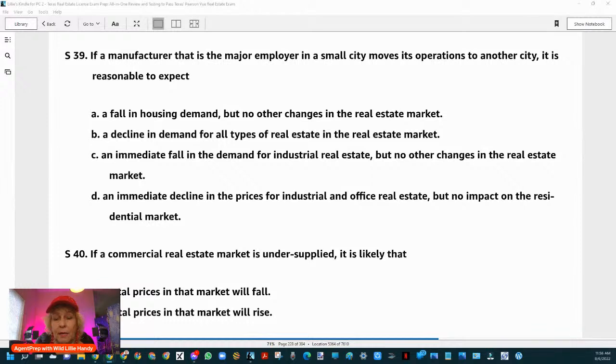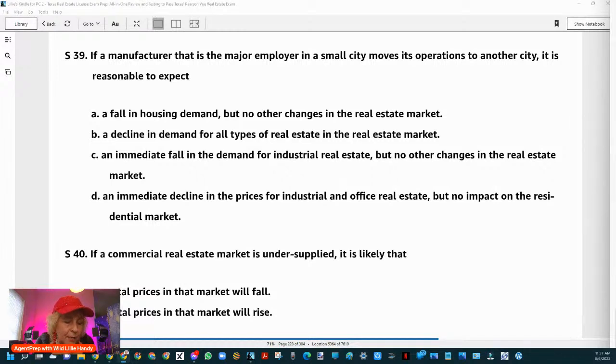for that little town. So a manufacturer that's a major employer in a small town moves its operation to another city. It is reasonable to expect that there will be a decline in demand for all types of real estate in that real estate market of that town. Let's see what the answer says: the departing company will lay off or fire employees, causing some to leave town in search of work.